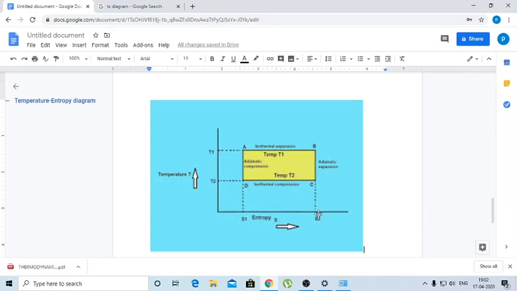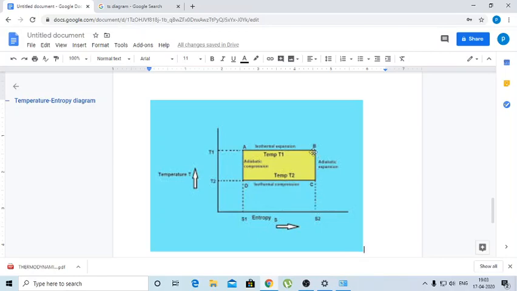We should remember one thing, that during a reversible process or during any process, the change in entropy either increases or is constant. It will never decrease. So here from point A to B, entropy increases from S1 value to S2.